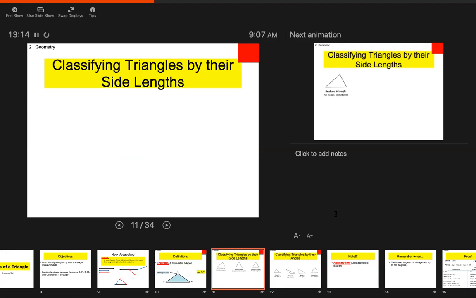And this is by sides, not by angles. We classify triangles by their side lengths, not their angles. Chris, you remember? How do we name triangles by their side lengths? There's 3 of them.